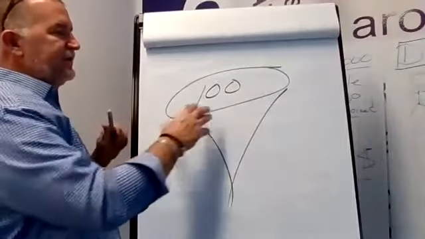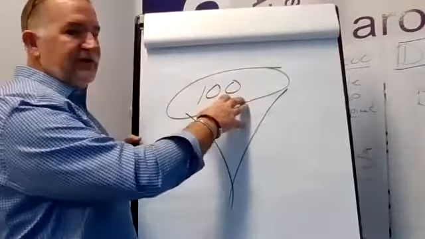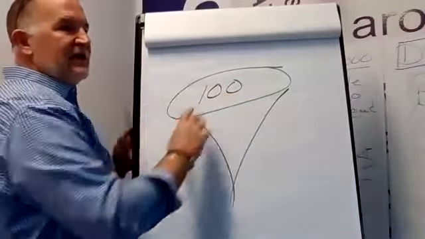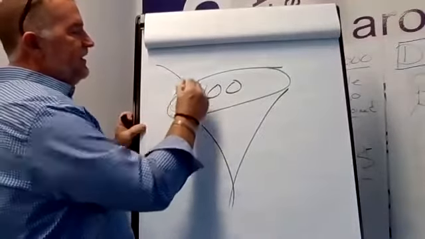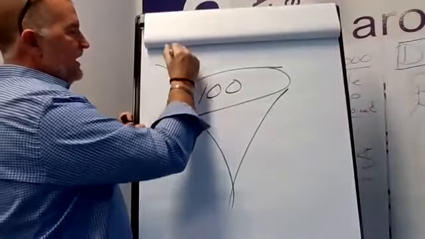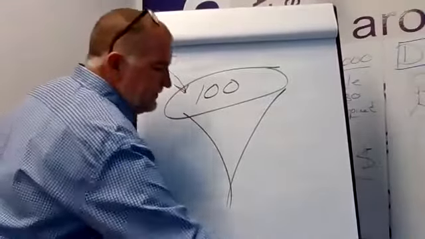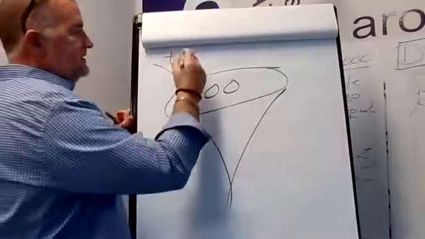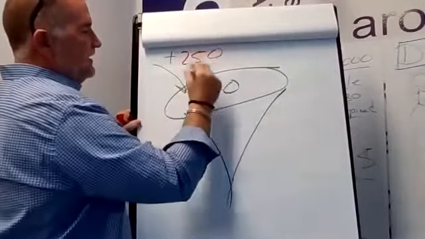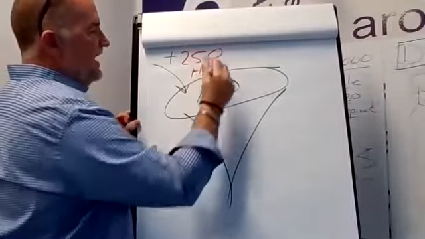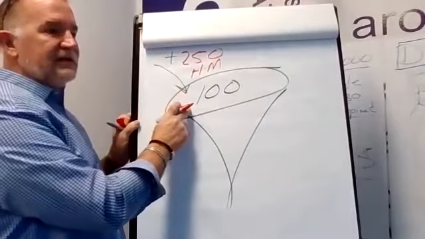Now, your first job is to build your database. This is right from Millionaire Real Estate Agent. The next job is to feed it every day. And the standard, if you're following my lead generation formula, is adding one new person a day, or 250 haven't-met people, into the top of the funnel over the next 12 months.